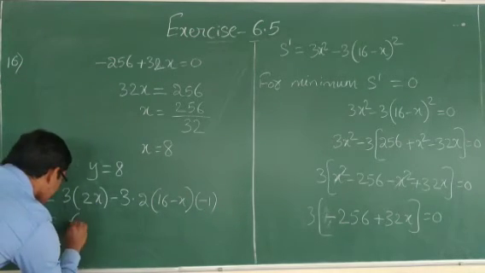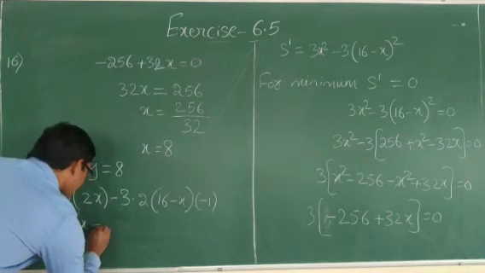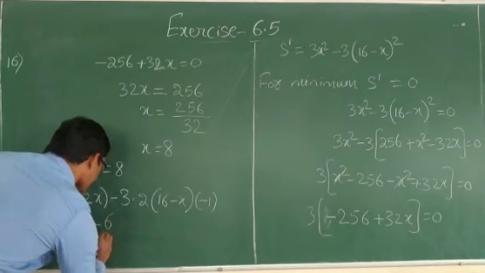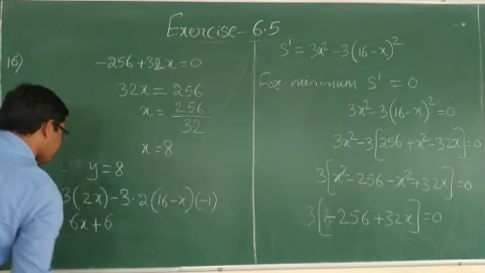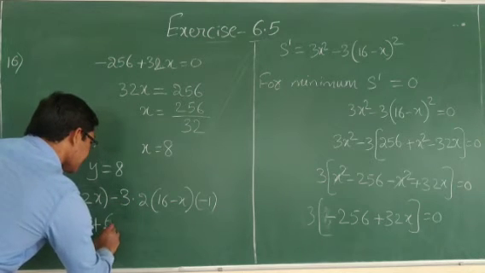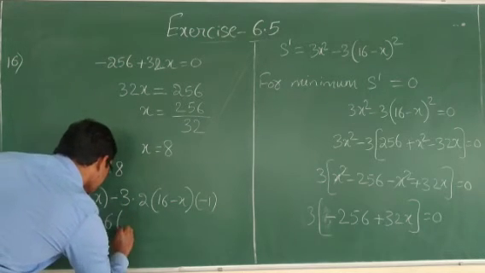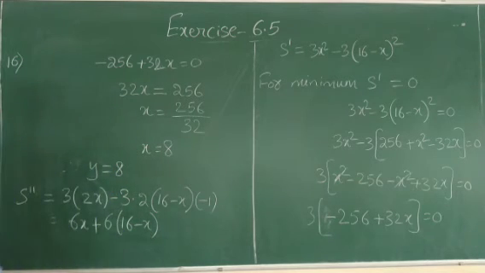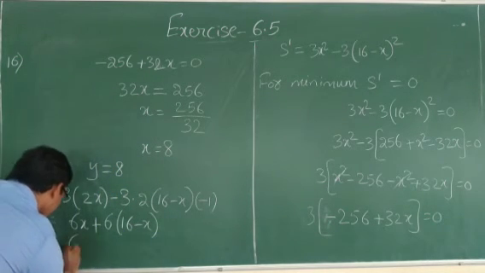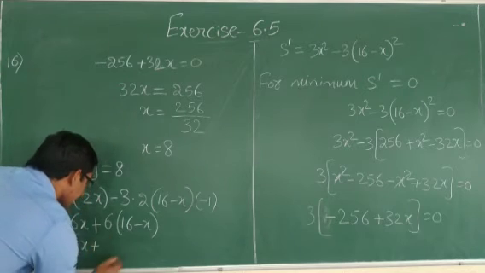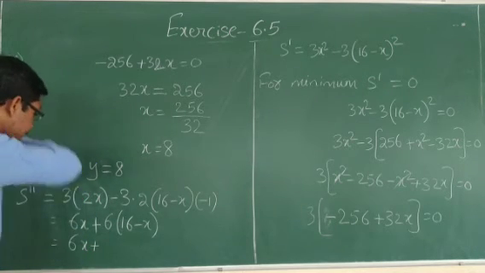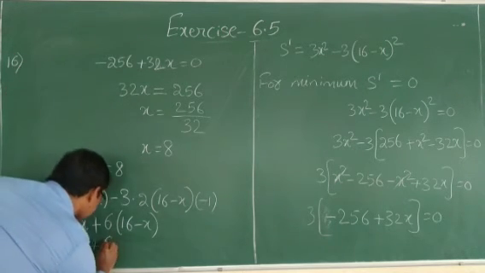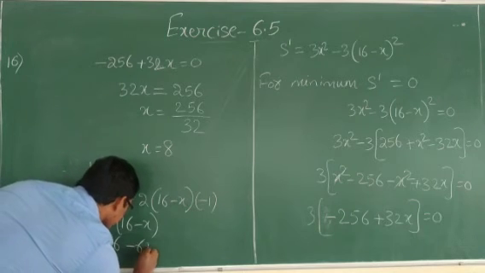So this is equal to 6x plus 6 into 16 minus x. So 6x plus 96 minus 6x.